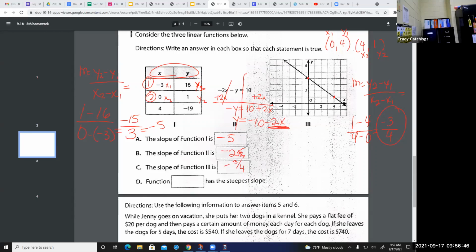And we knew it was negative. How do we know this is going to be negative? It's going down. So definitely make sure we can identify which one is which. And then they said which one got the steeper slope. Function what? Function 1?